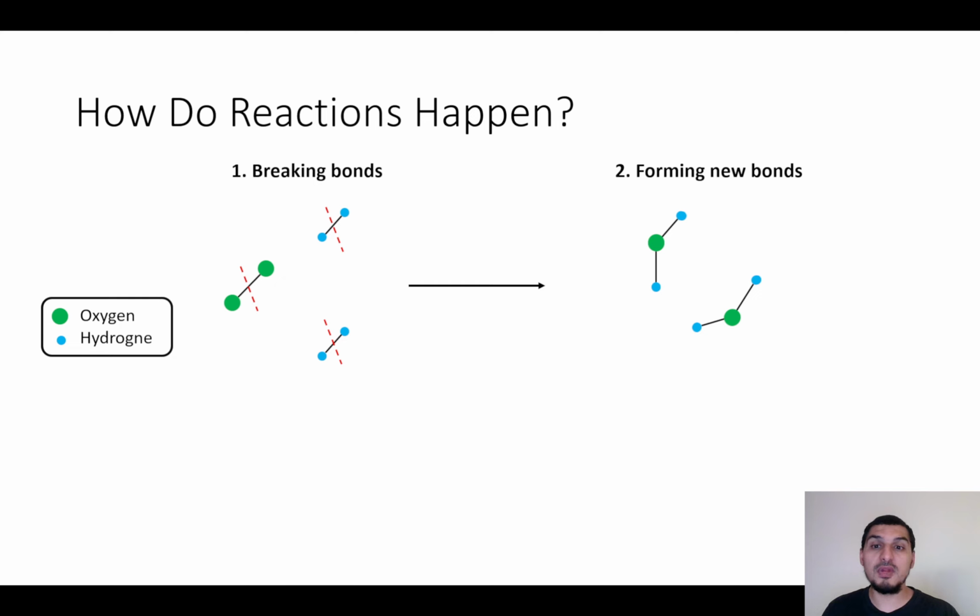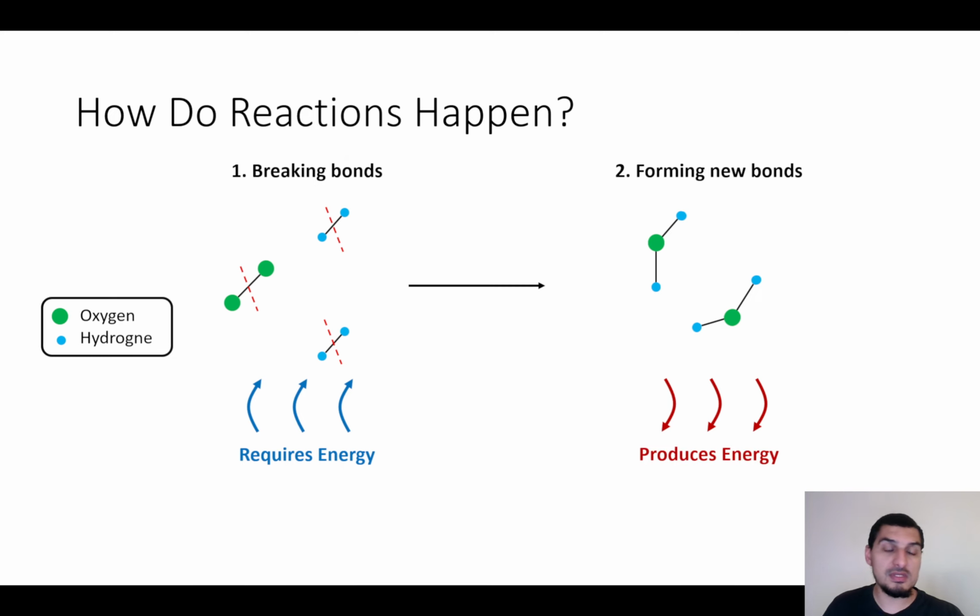Breaking bonds is a step that requires energy, and the formation of new bonds is a step that produces energy. So we have 2 different types of energy: energy absorbed to break the bonds and energy released after the formation of new bonds. And now we have two different cases, whether we have more energy required to break the bonds than the energy produced by the formation of new bonds, or the opposite.